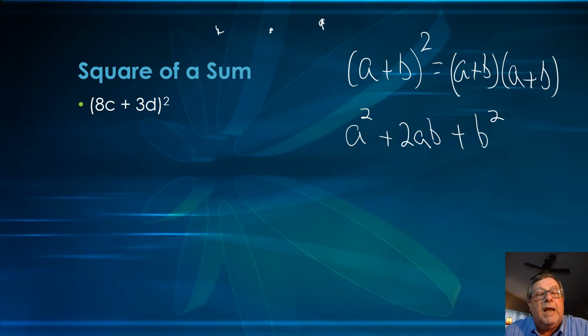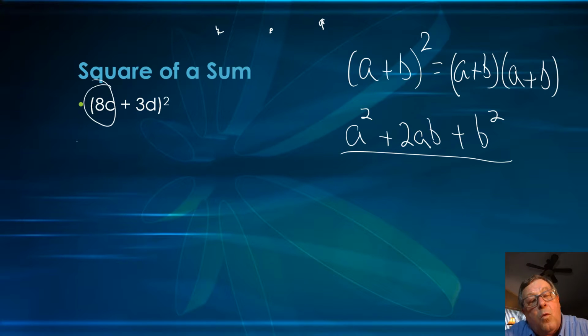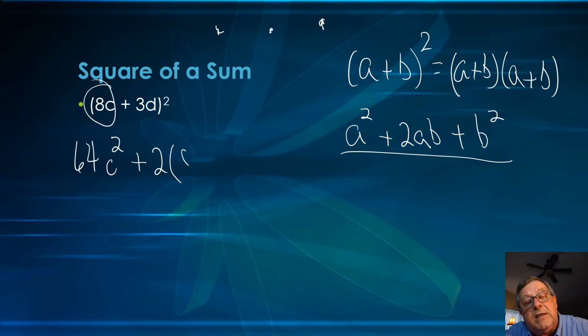So let's look at this one over here to the left, which is 8c plus 3d, and that's squared. Well, if I look at this pattern, I can square this first term, 8c, and that would be 64c squared, and then plus 2 times 8c times 3d, and then 3d squared, or this b squared.